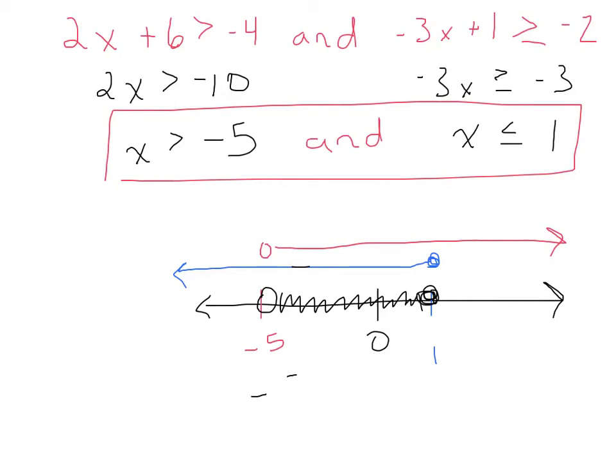You'll actually see this solution sometimes written as -5 is less than x, which at the same time is also less than or equal to +1. That actually might be a much simpler way to write this solution, and it becomes a very easy way to create a graph.